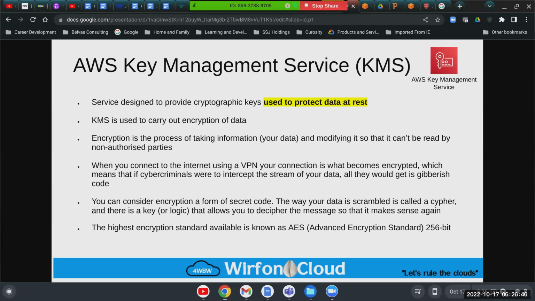KMS, Key Management Service, right? Now, when you have data which is at rest, that is data which is stored in a certain repository, let's say data in S3, for example, or data which is not moving, you can protect it using the service known as KMS. KMS really is a system which delivers encryption.